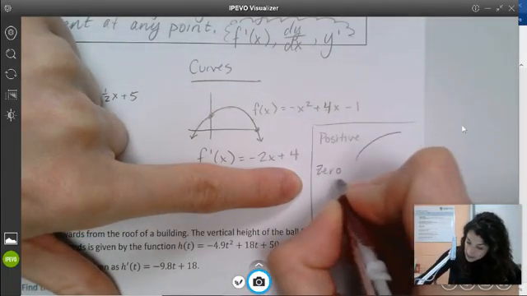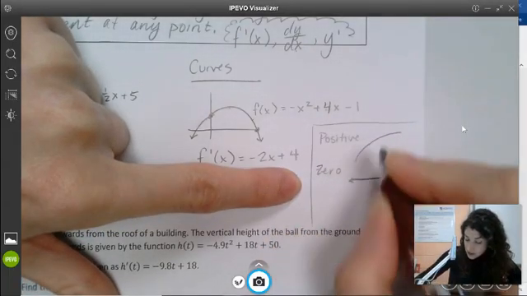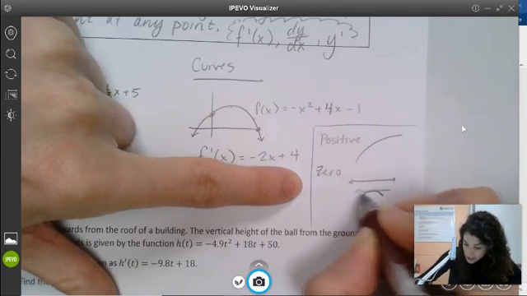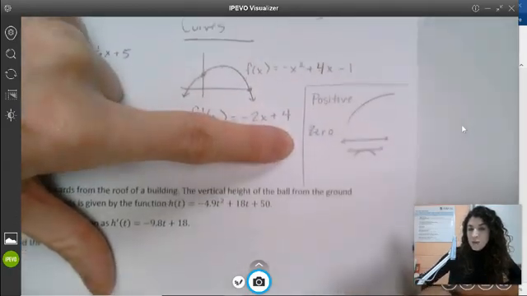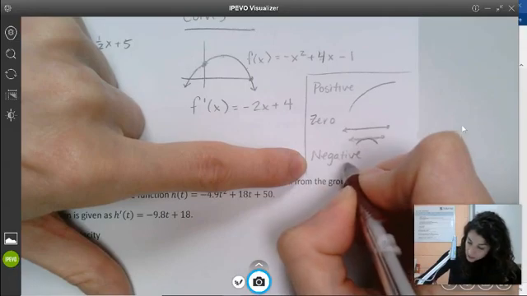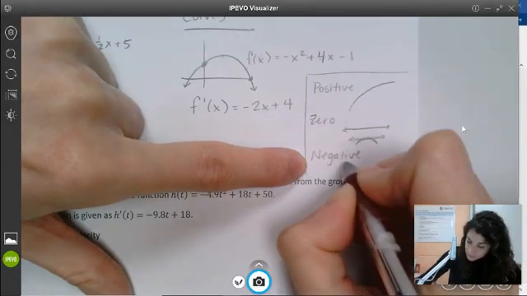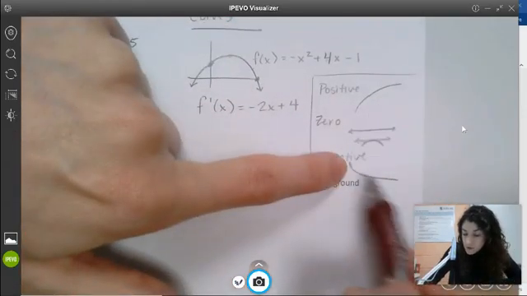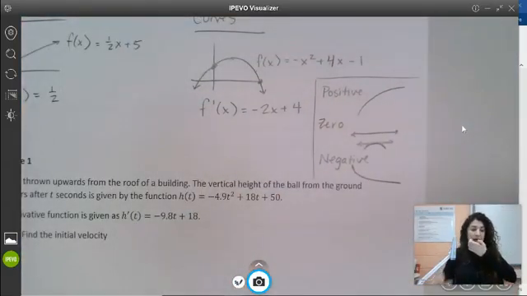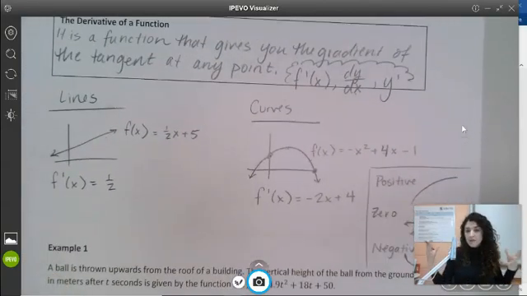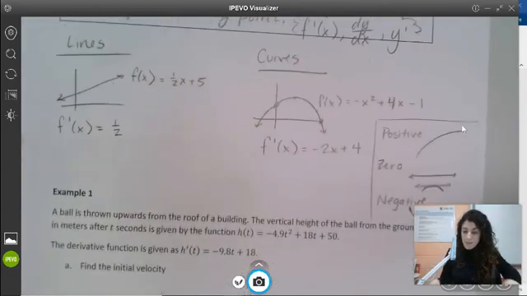Versus 0 is either a flat line, where your tangent line would be flat, or it's a vertex. This would have a tangent line with a gradient of 0. And then negative is anything that's decreasing. It could be decreasing a lot, like here it's decreasing a lot at first, or it could be decreasing a little bit at a time. But we're just looking for these slopes that are behaving in that way. So that's the general idea of derivatives, and we're going to practice it with 3 examples.